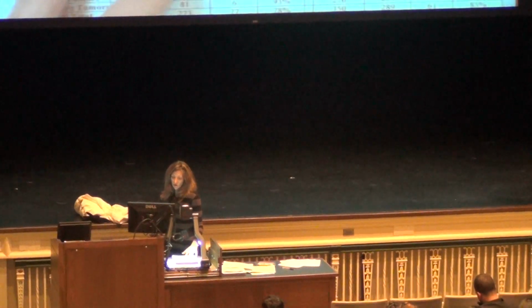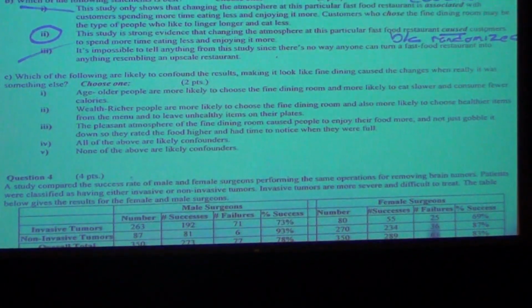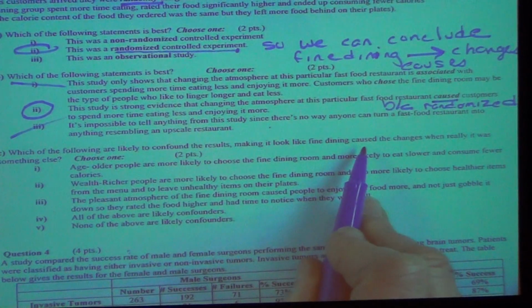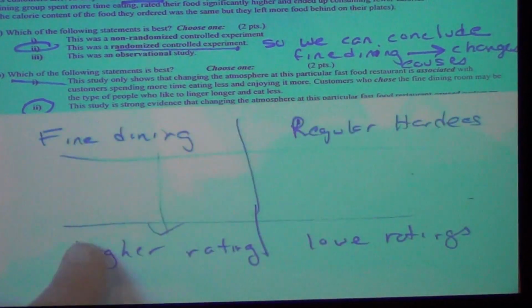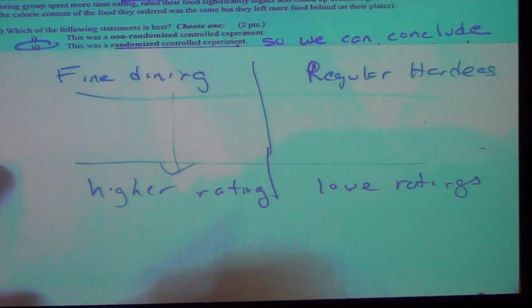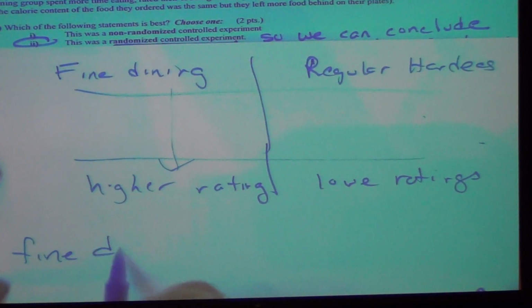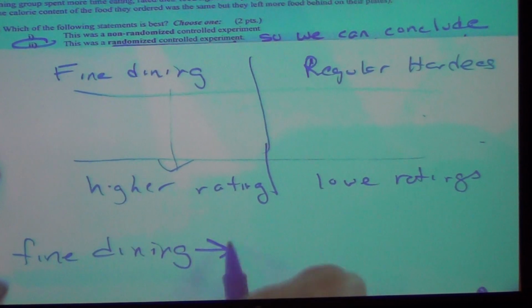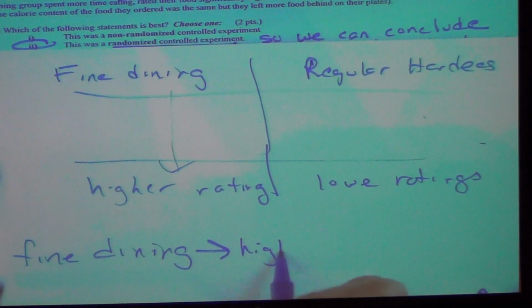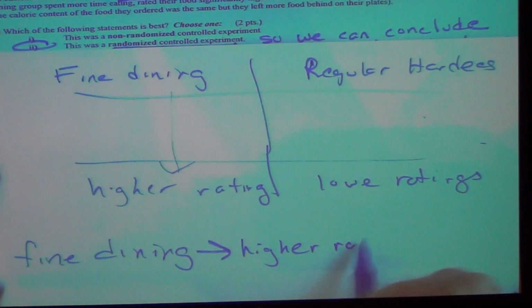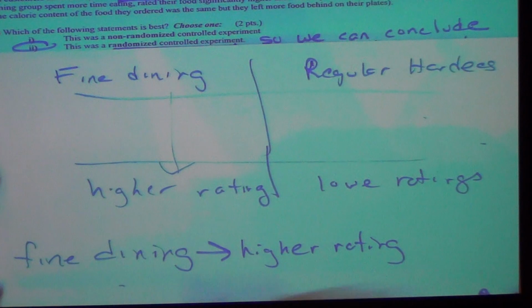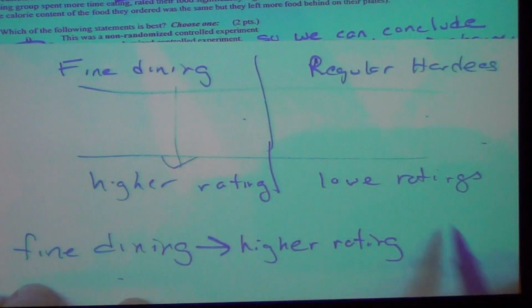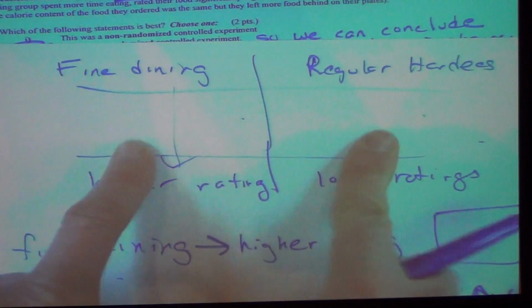Now, which of the following are likely to confound the results, making it look like it was the fine dining, when it was really something else? The fine dining did cause the changes, the higher ratings. It did, because you can't put something in the mystery box, because it would have to be in here.